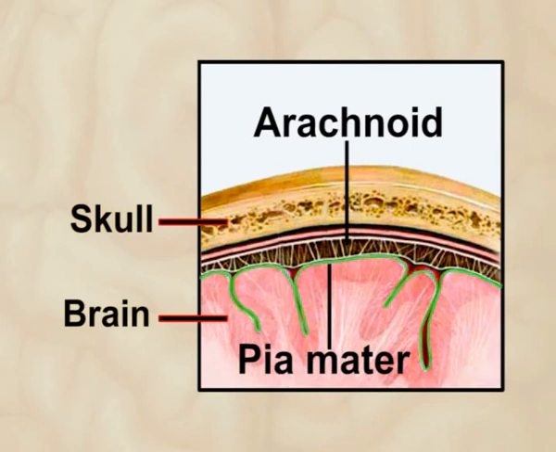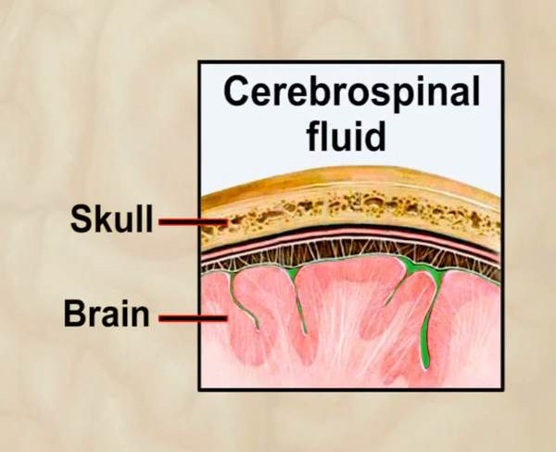In addition to the protection of the layers, cerebrospinal fluid surrounds the brain and cushions it as well and protects the brain from mechanical shocks.